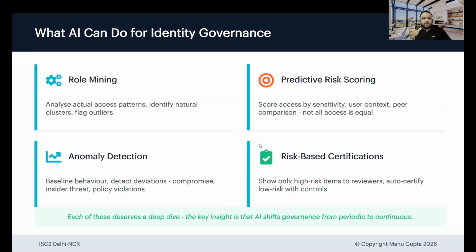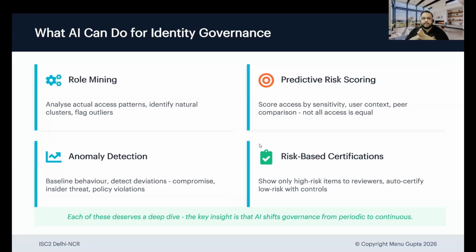Second is anomaly detection. This is where AI shines through. By establishing a baseline of access patterns for individuals or groups of people, a learning model can detect deviations that can indicate some sort of compromise, a threat, or a policy violation.